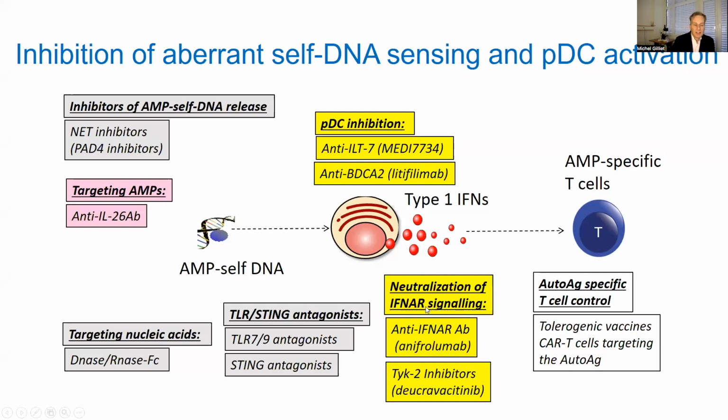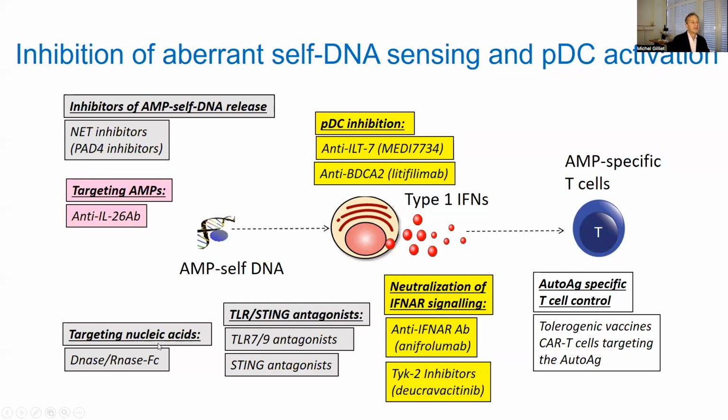So we can block the interferon signaling through anifrolumab, which has been accepted by the FDA for lupus. We have the TYK2 inhibitors, which inhibit IFNAR signaling. We have PDC inhibition. These are tested in clinical trials, anti-BDCA2, anti-IL-3R. But I think the future will also be TLR and STING antagonists, so we can block the receptor.